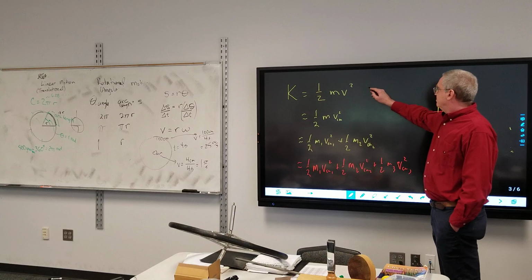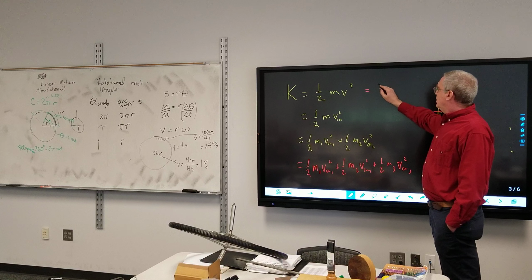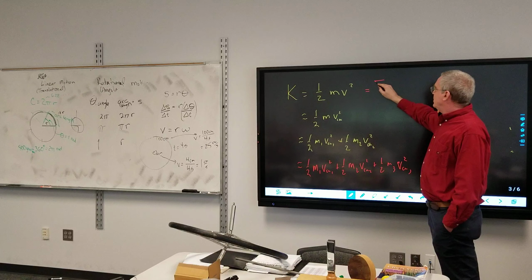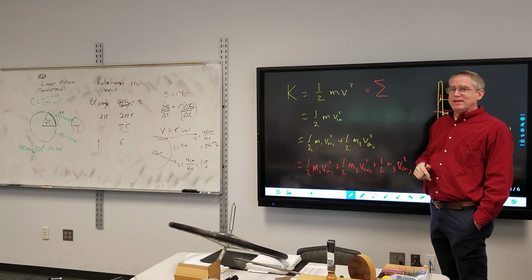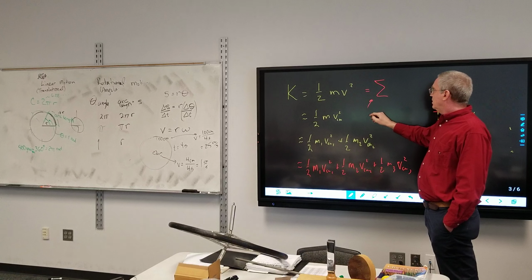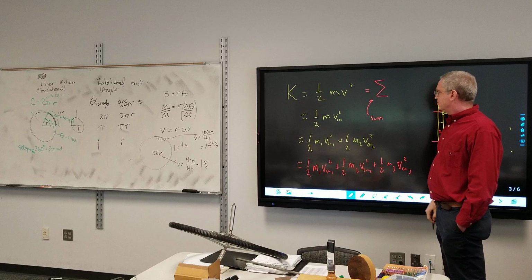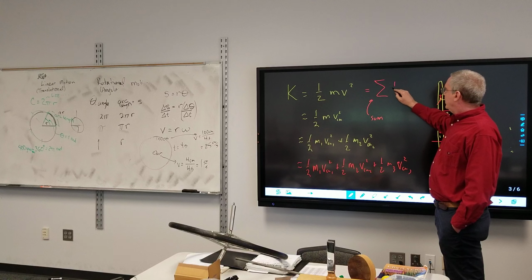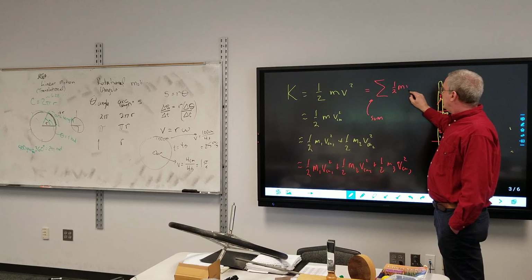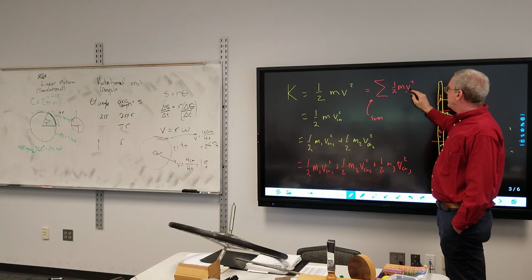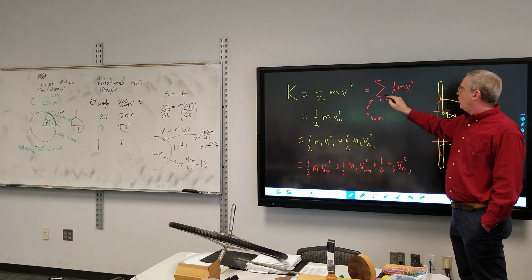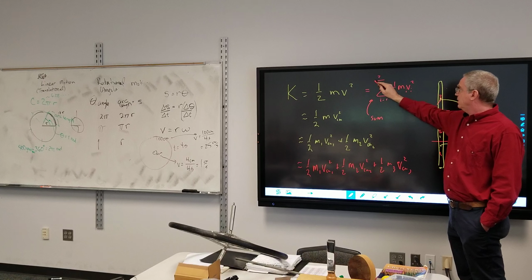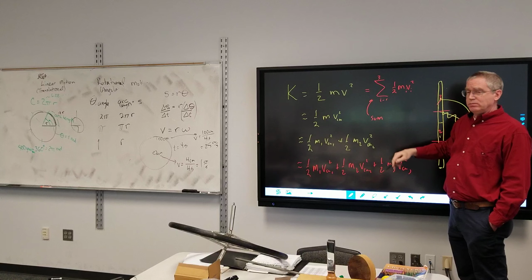This symbol right here, a capital sigma, represents sum. I'm going to add 1/2 m v squared with a little i subscript, to indicate that i is going to go from 1 to, in this case, 3.